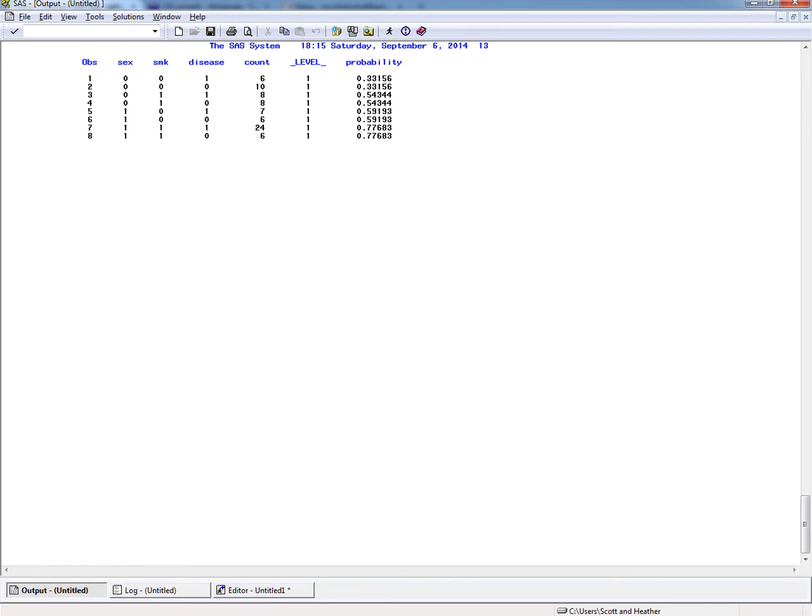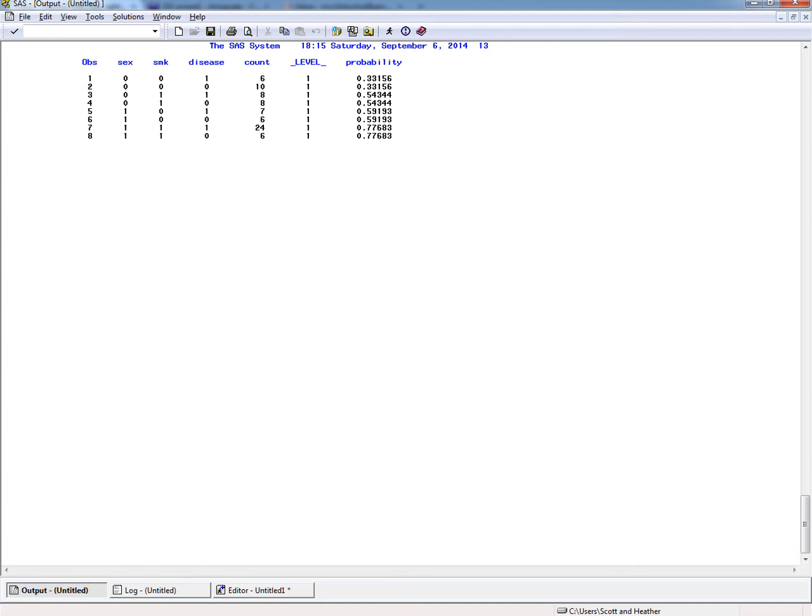Now, I took this from, I guess probably, our week 1 PowerPoint, and it's the predicted probabilities. So there's some repetition there. We only have 4 covariate patterns: male smoker, male non-smoker, female smoker, female non-smoker.